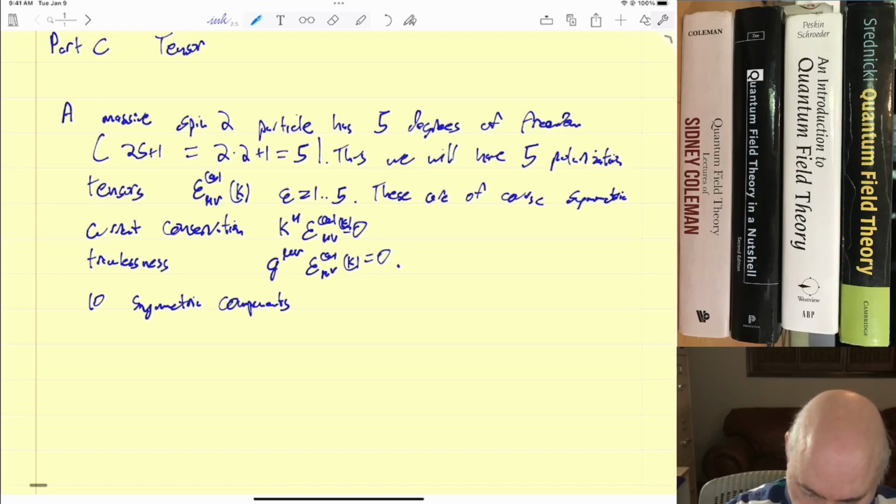Then we subtract four components from the current conservation condition.